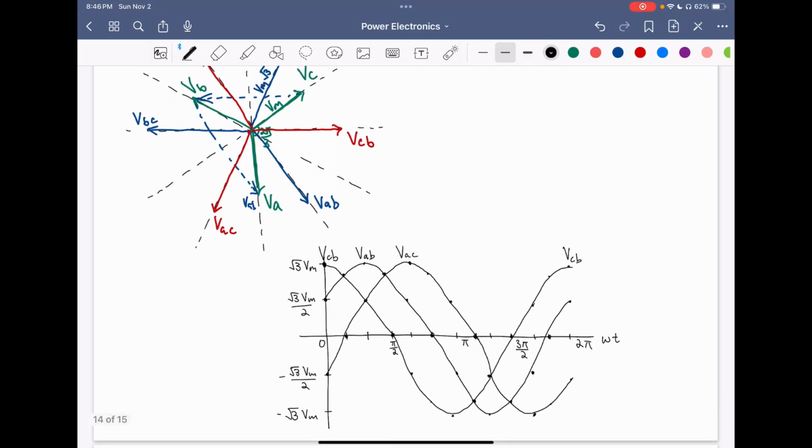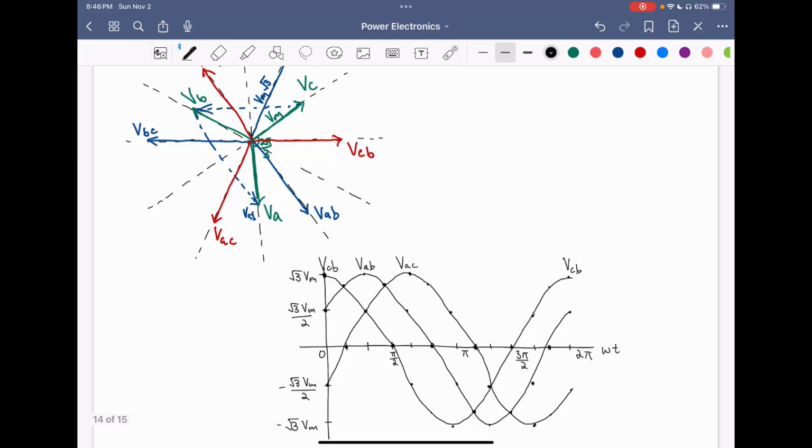So next up is VBC, and we once again shift over by pi over 3 the peak from the last peak. So you can see we've hit VCB, VAB, VAC, and now we're at VBC. So it's the whole pi shifted from our original VCB.